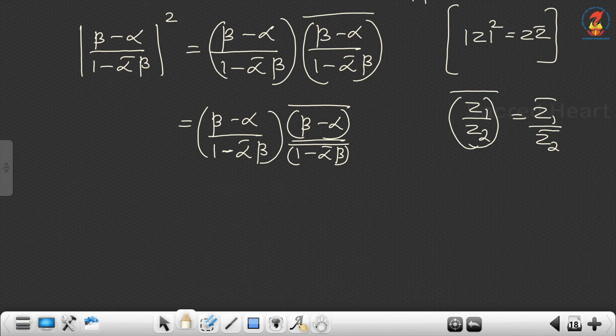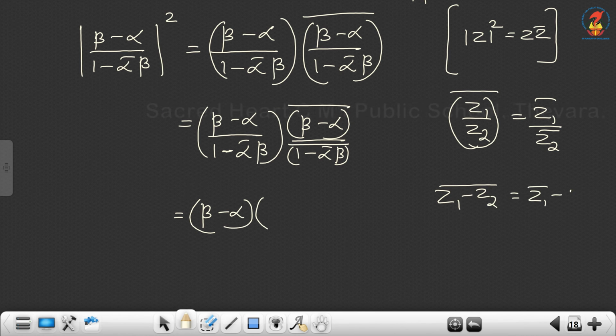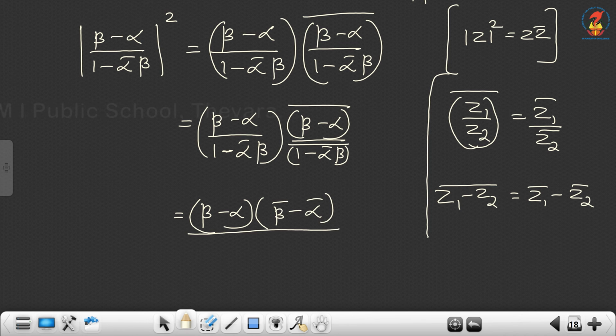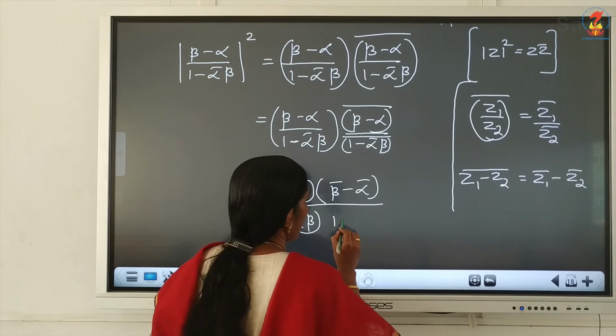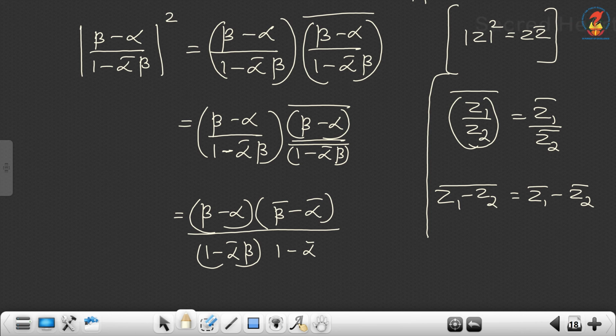Now the next step, (Z1 minus Z2) the whole bar we can write as Z1 bar minus Z2 bar. These are properties. So we can split and write beta bar minus alpha bar by 1 minus alpha bar beta, and 1 is a real number, so for that we don't need to put the conjugate. The conjugate of 1 is 1 itself, minus alpha bar.